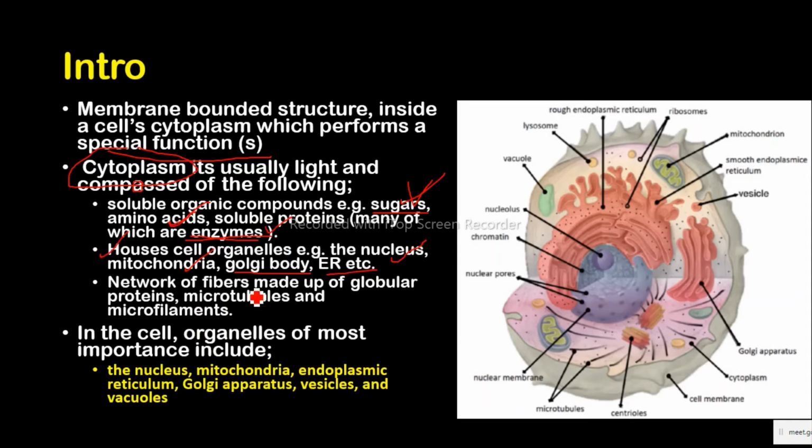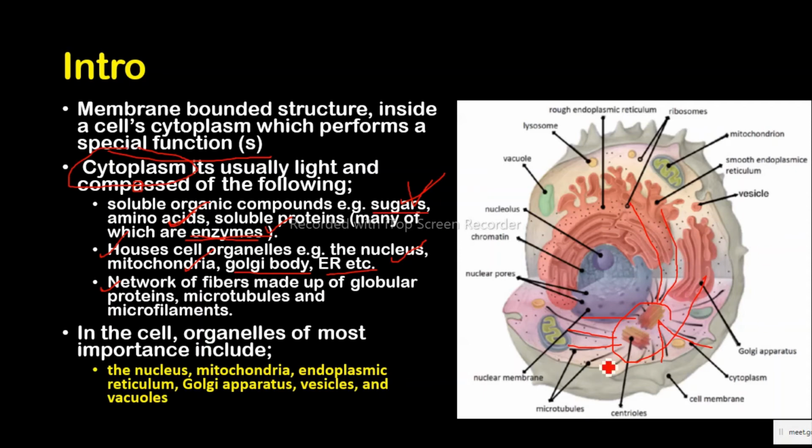Okay? Then we have a network of fibers within this matrix, within this cytoplasm. Okay? So you can see this is a centriole. It forms a network of fibers. And these fibers include the microtubules and macrotubules and microfilaments. Now these fibers make up the cytoskeleton.